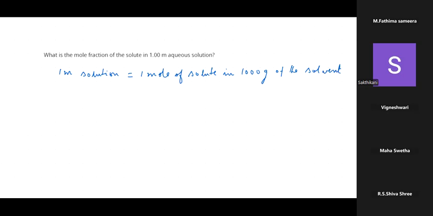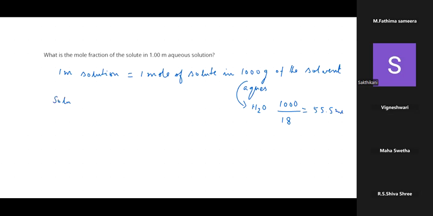So it is an aqueous solution. Therefore, 1000 gram of water is taken. 1000 gram of water will contain 1000 divided by 18 moles, weight taken by molecular weight. 1000 by 18 will become 55.5 mole.